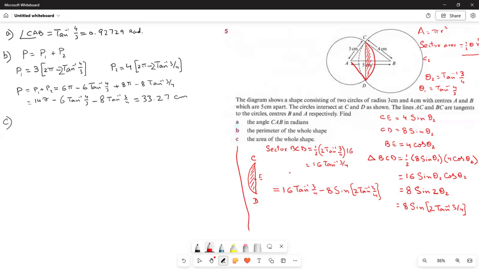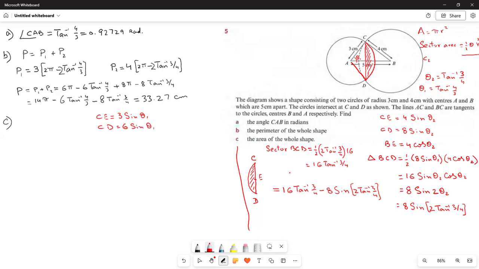I know the distance DC, but let me find it again. CE, I'm trying to calculate as a function of theta 1. So CE is 3 times sine of theta 1. Agree? And CD is double of this, so this is 6 times sine of theta 1.